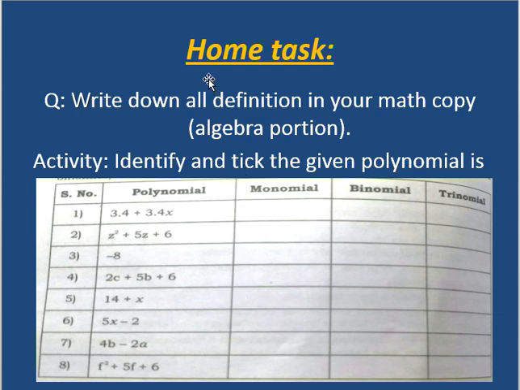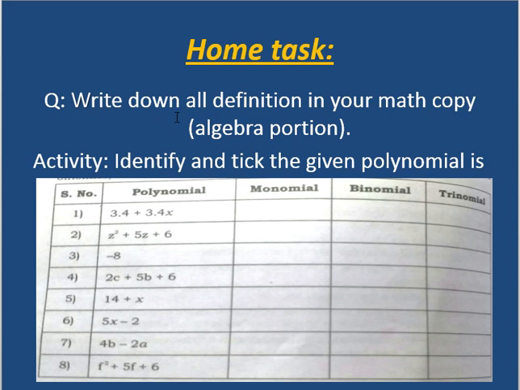Home task. Students, divide your maths copy into 2 equal portions. The first portion is the arithmetic portion, where you have done exercise 1.1, 1.2, and the second portion will be the algebra portion.